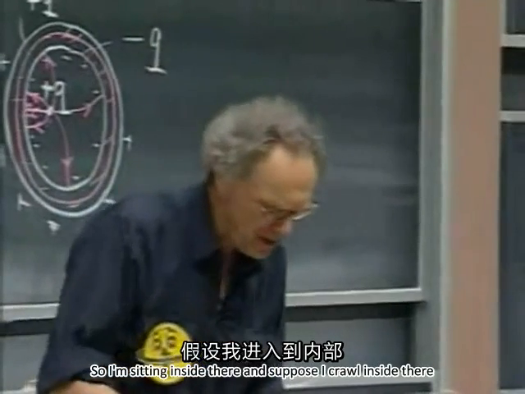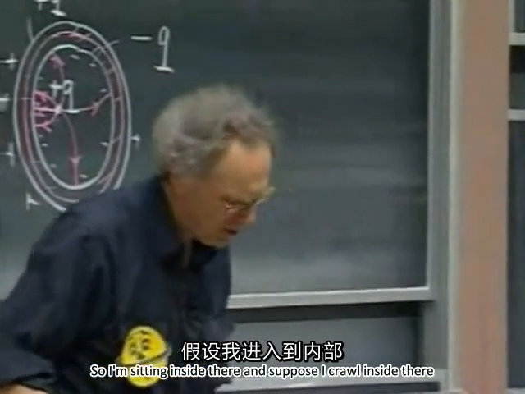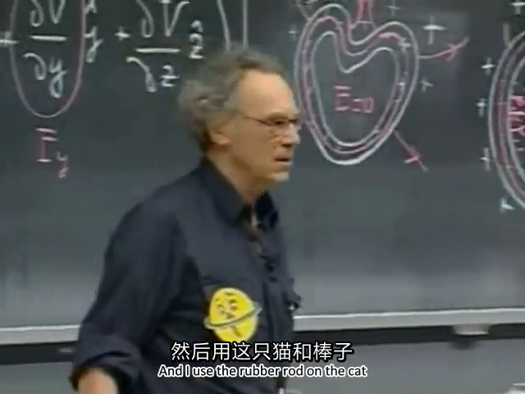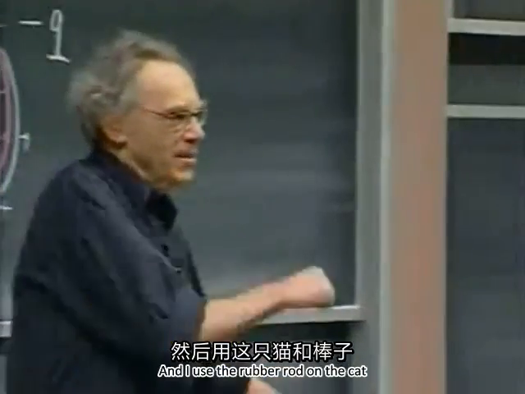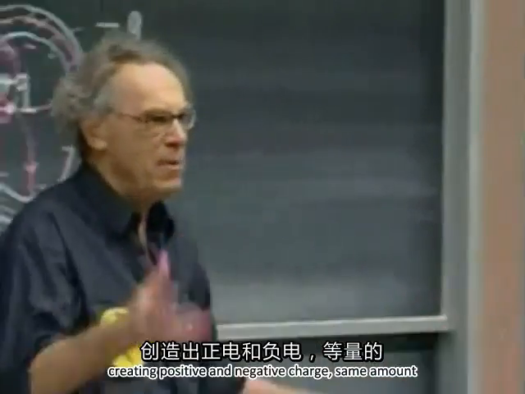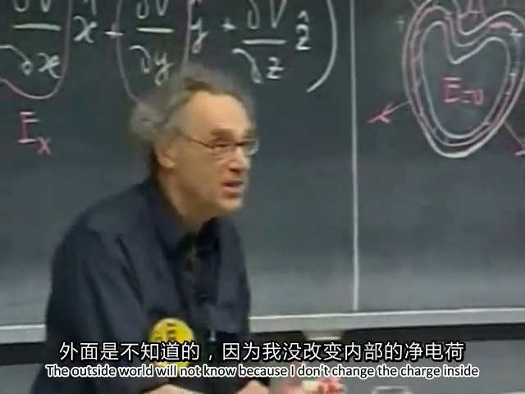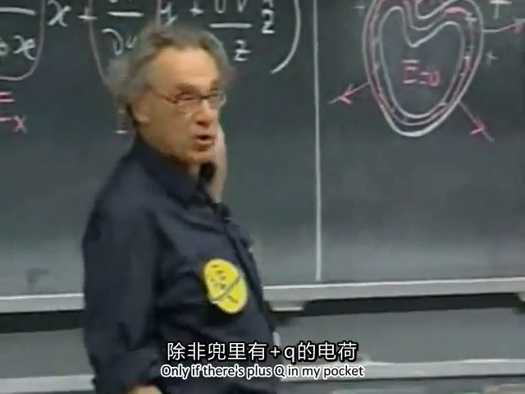So I'm sitting inside there, and suppose I crawl inside there with a rubber rod and with a cat. And I use the rubber rod on the cat, creating positive and negative charge, same amount. The outside world will not know because I don't change the charge inside. I only have this plus Q in my pocket.